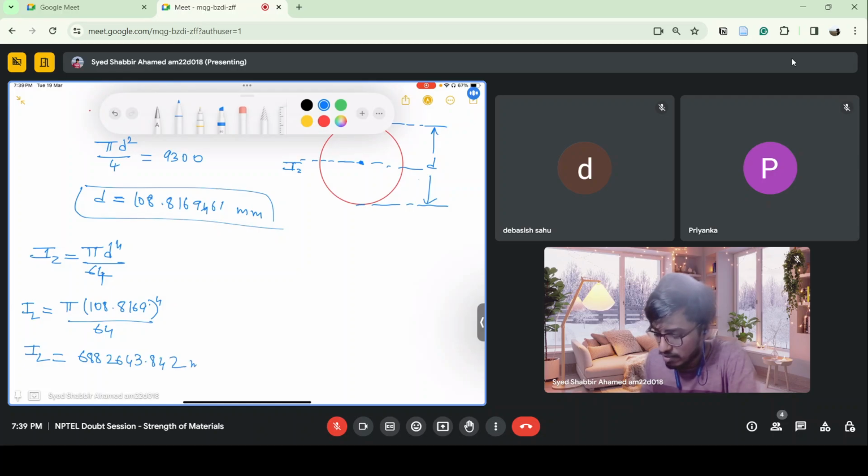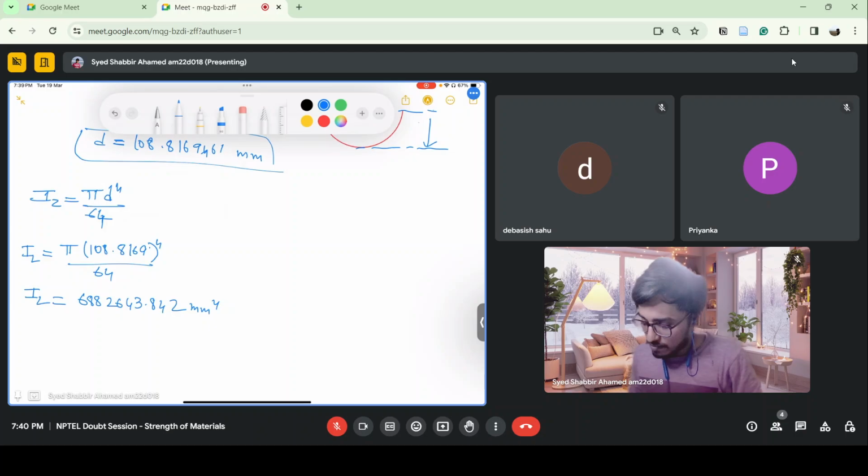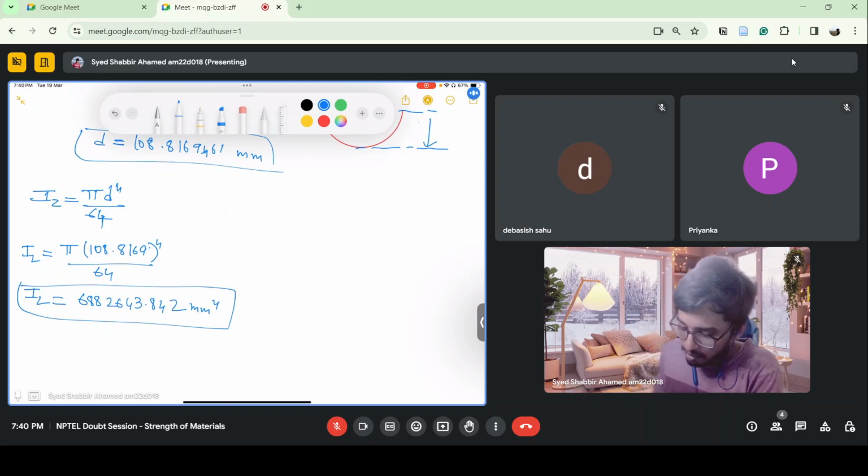If you are getting something wrong, you can tell me. If I'm getting something wrong, and if you feel that something is wrong, you can tell me. So this is the moment of inertia for this circular cross section.